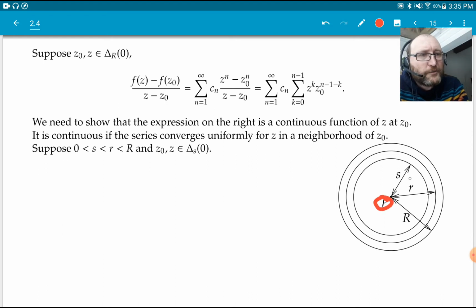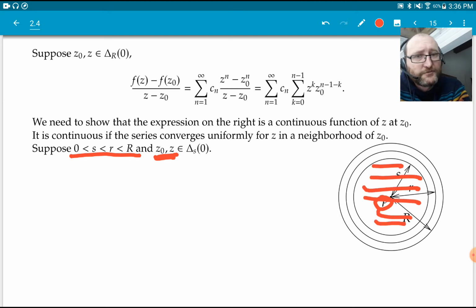We're going to set up the R disk, but we're also going to set up two new numbers, S and R, which are just two smaller numbers less than capital R, and we're going to assume that z and z naught are in the smaller S disk.